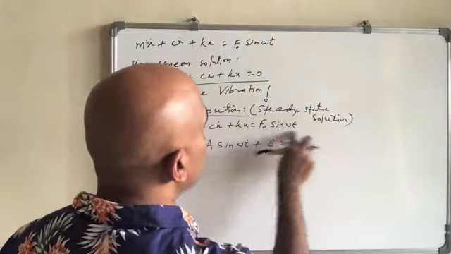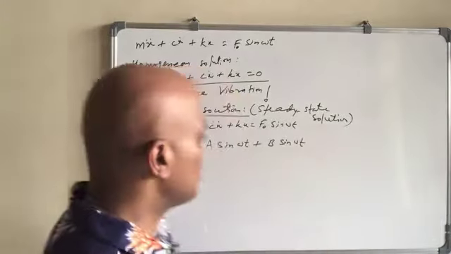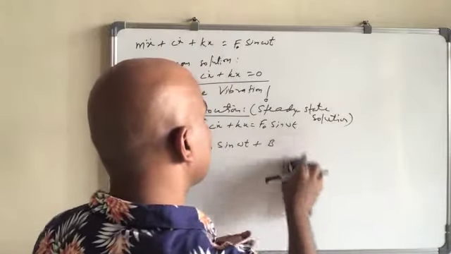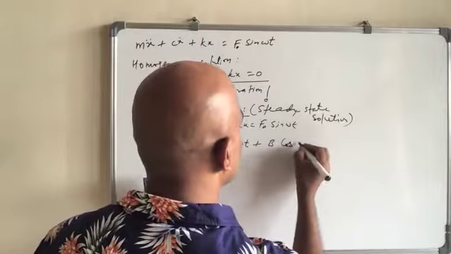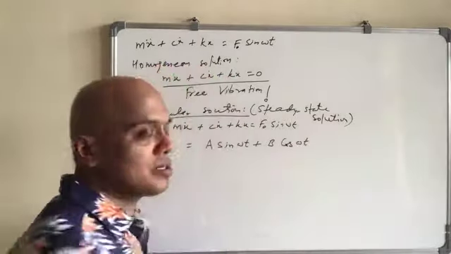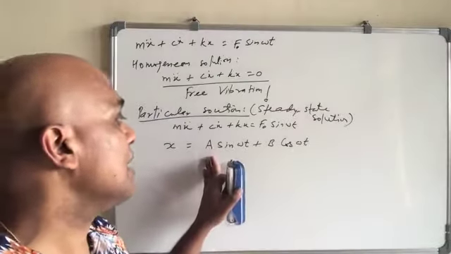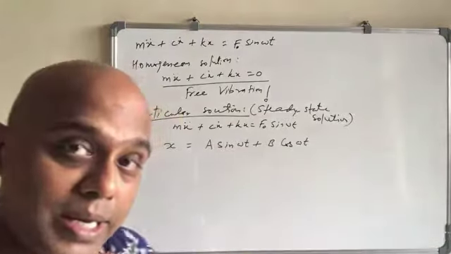Whatever you have here, you have the same thing here. But if sine appears, there could be a cos as well. So we will find the value of A and the value of B.